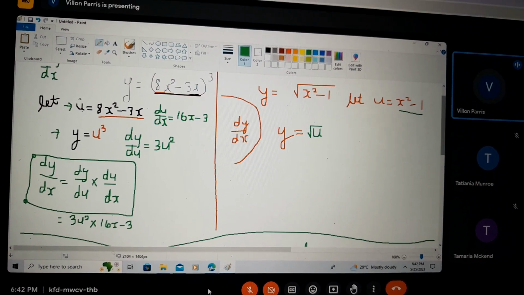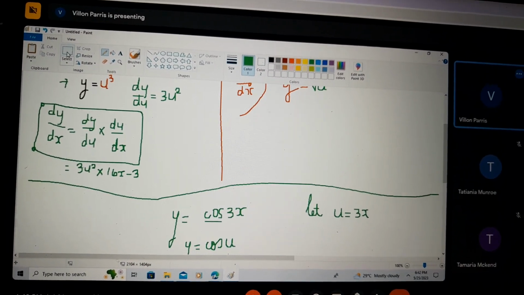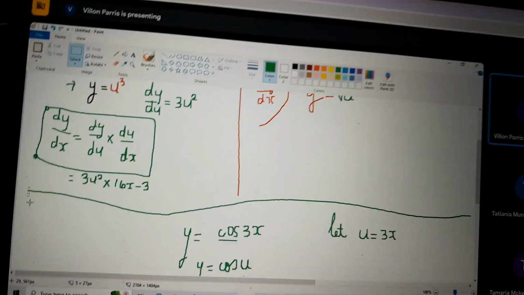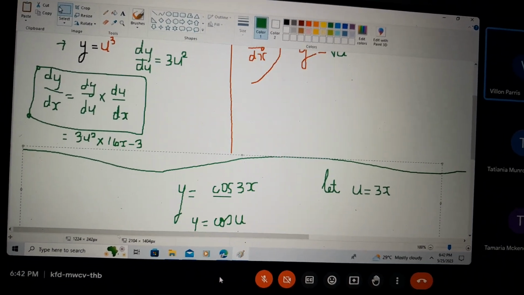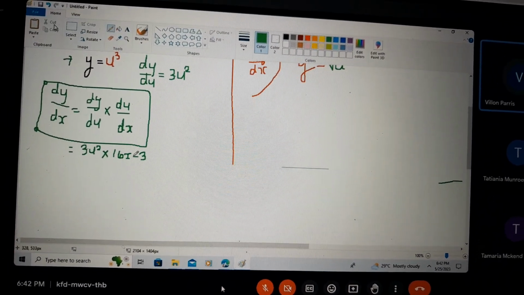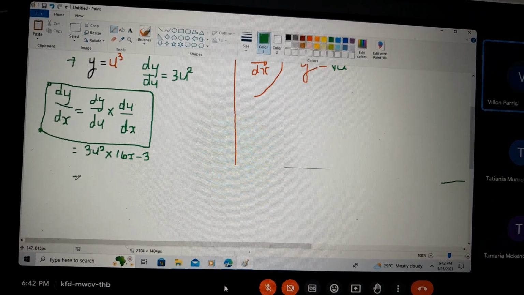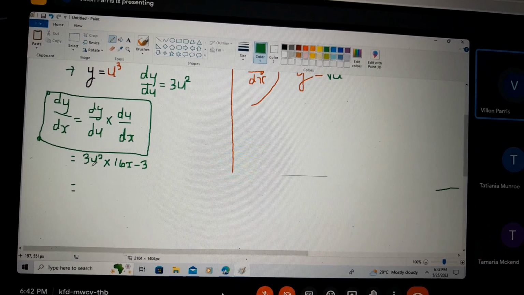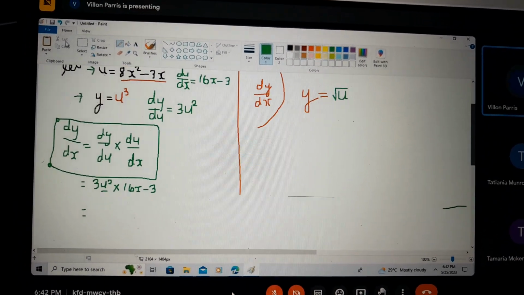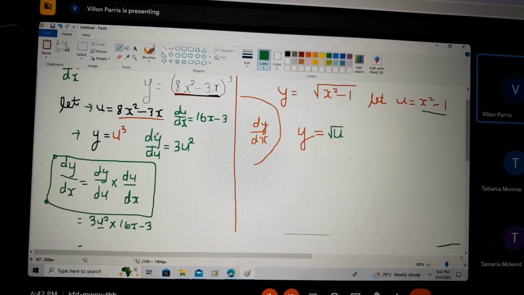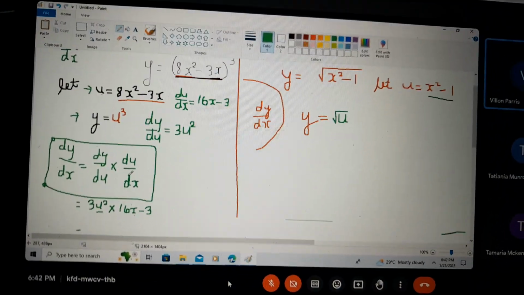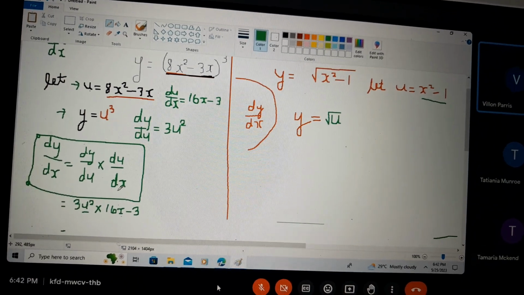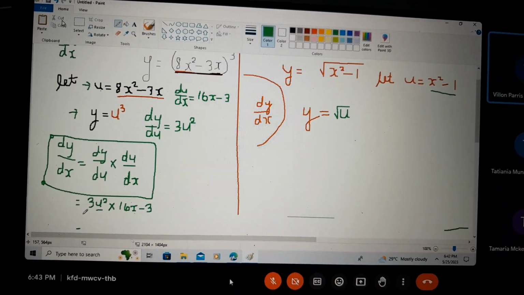Now the final stage of this work in here, let me take all this out. What we need to do from here is simplify. One of the first things that we like to do is substitute back now our value for u. So let's go up. What was our value for u? u is equal to 8x squared minus 3x. So after you find your dy/du and your du/dx, all you need to do is simplify.